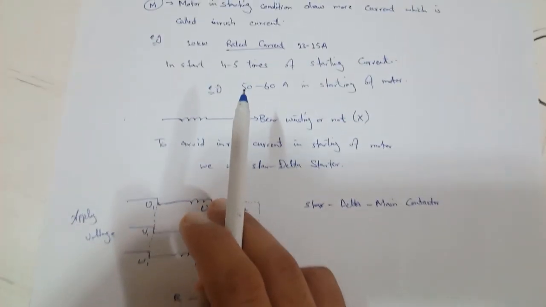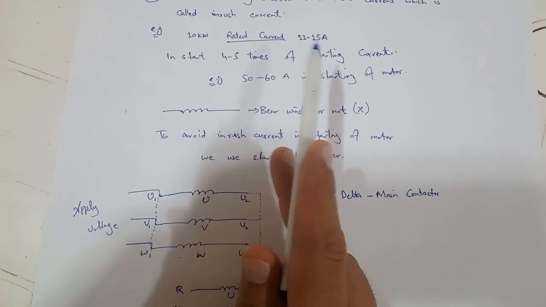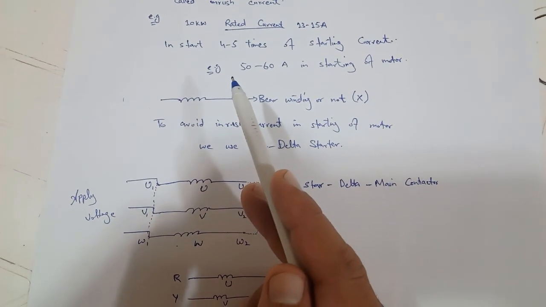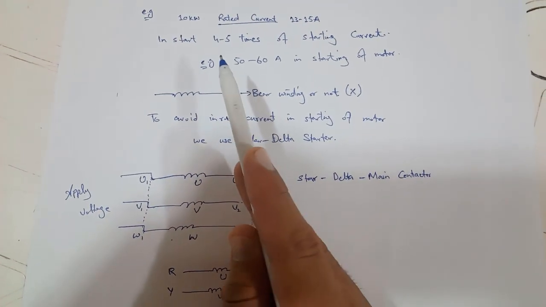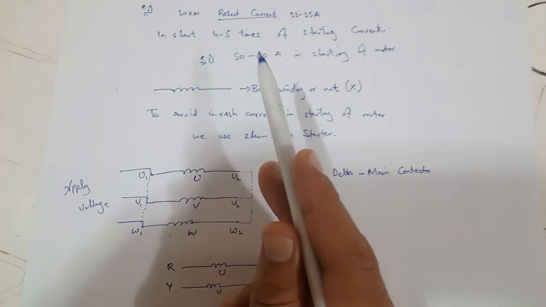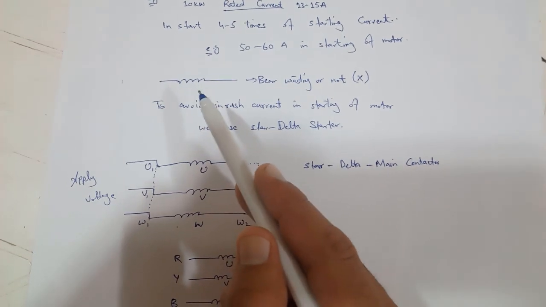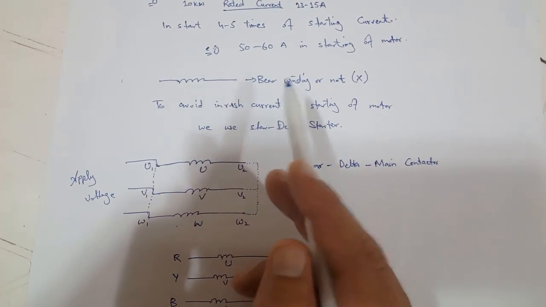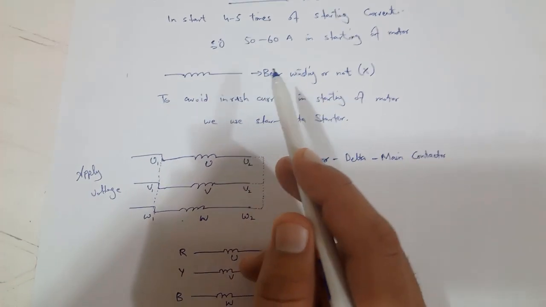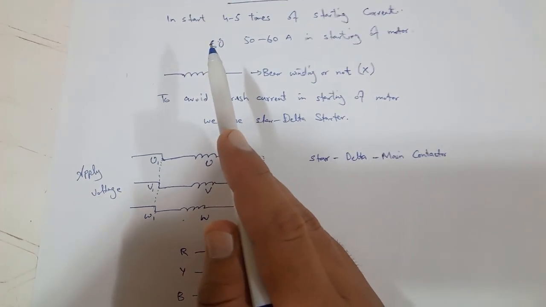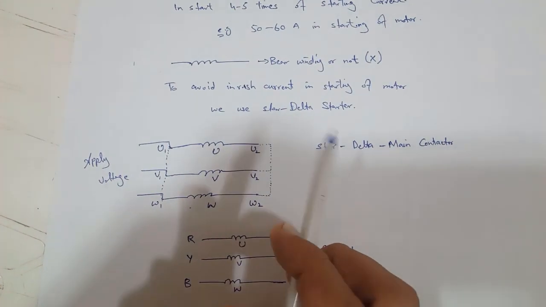If the rated current is 13 to 15 ampere and in starting the motor draws 4 to 5 times the rated current, it will be 50 to 60 ampere. So the winding will not bear such a high current and it will burn. Therefore we use a star delta starter to avoid inrush current.